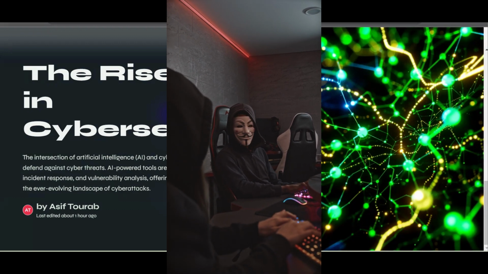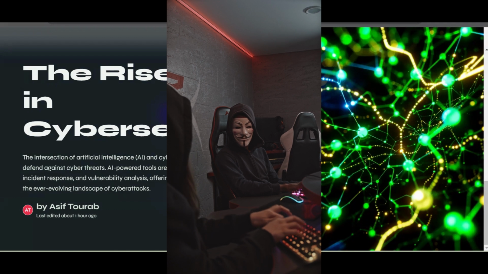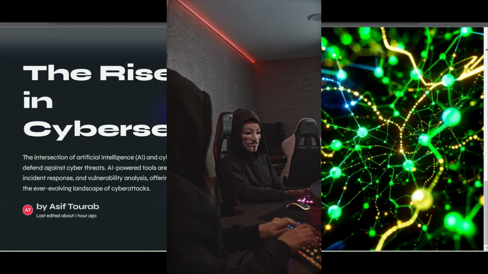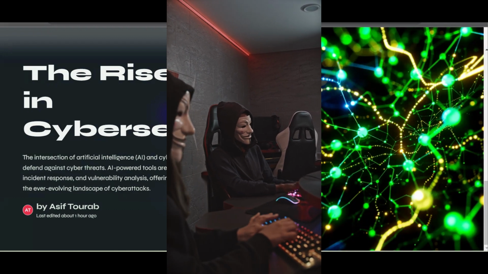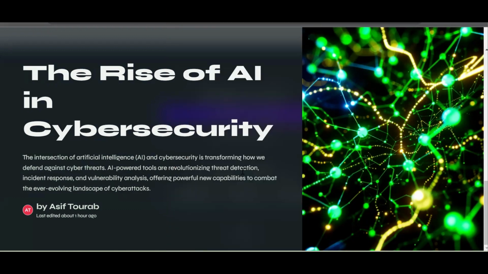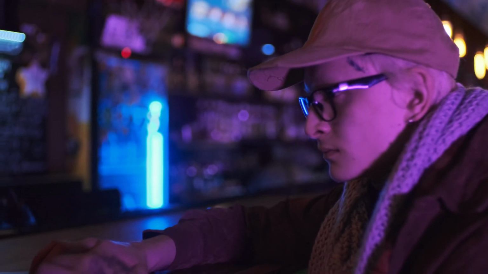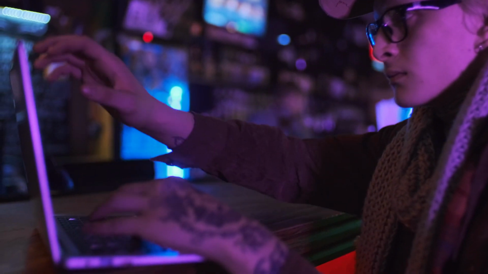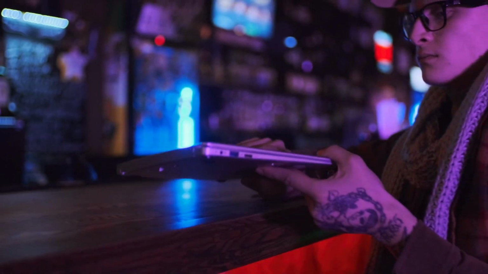Vulnerability analysis, obviously, we already had a lot of scanning tools like Qualys, right? But we still need those tools to use the power of AI in scanning through the vulnerabilities, because vulnerability databases are quite helpful in finding or correlating the vulnerabilities.